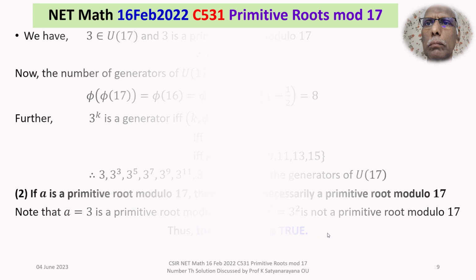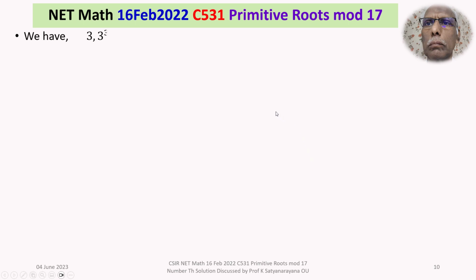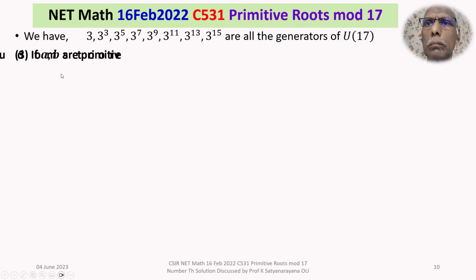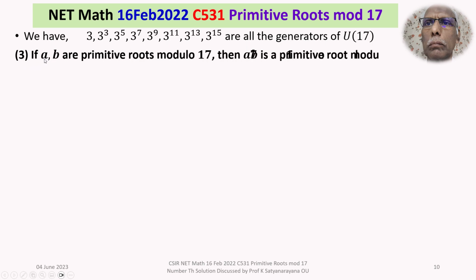Now, we move on to the other options. These are all the generators, and these are all the primitive roots modulo 17. Take option 3. If a, b are primitive roots modulo 17, then the product ab is a primitive root modulo 17.